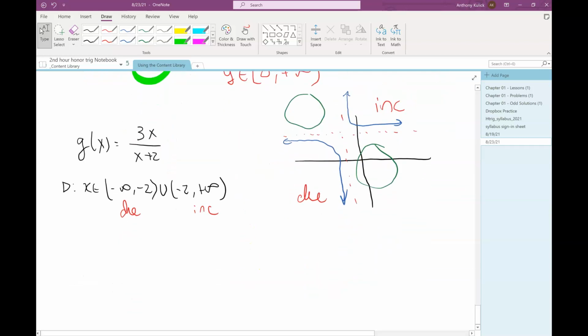Okay. So if I do this now, I'm going to do f of the upper bound to get the lower bound for my range. So negative 6 over 0, which is undefined.